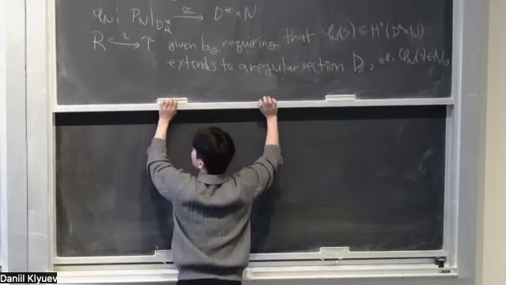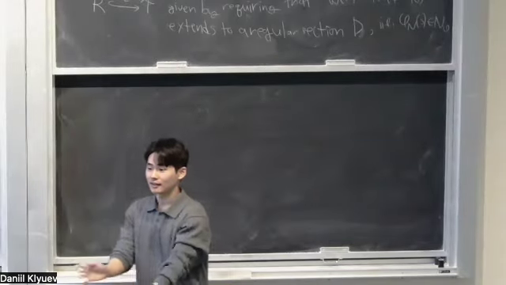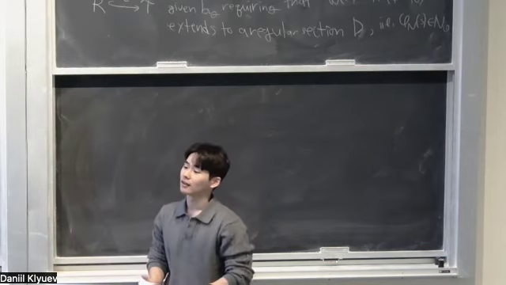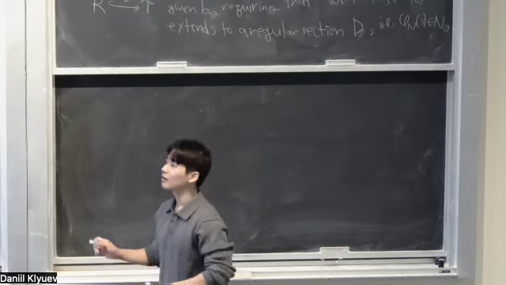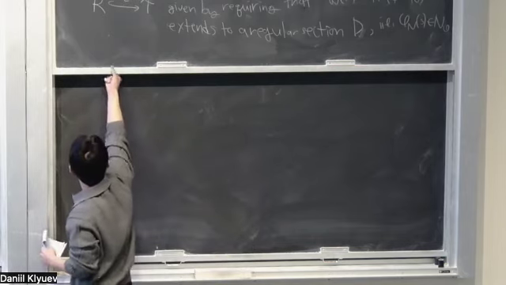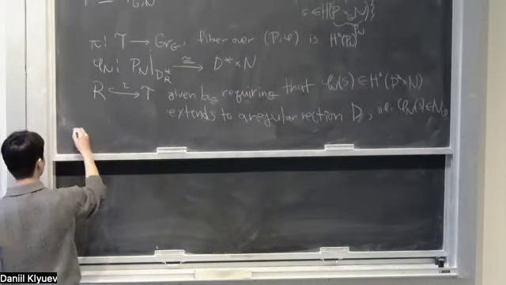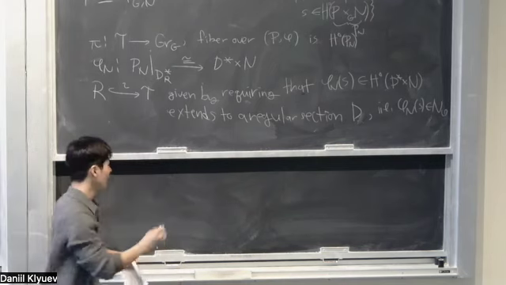Any questions? So is it true that the fiber of this T is NK? Right, so H0 of Pn is an abstract description.